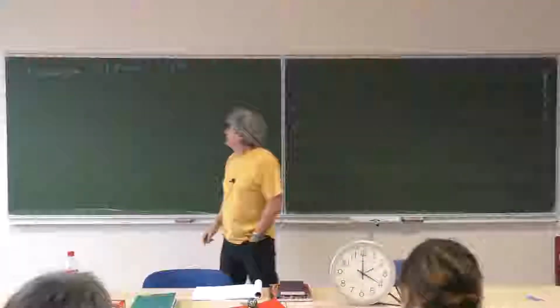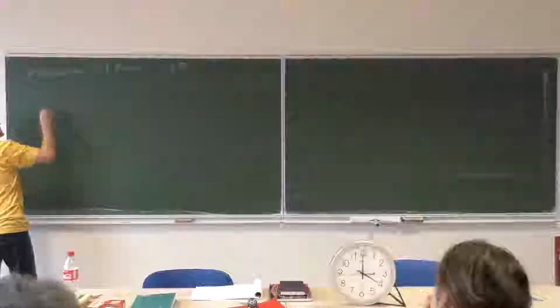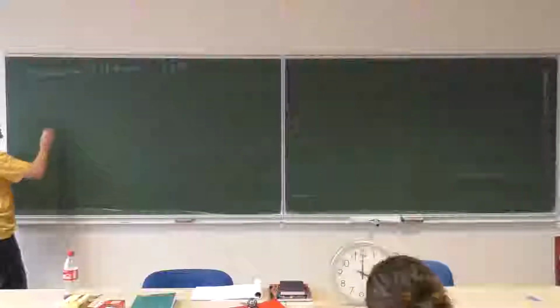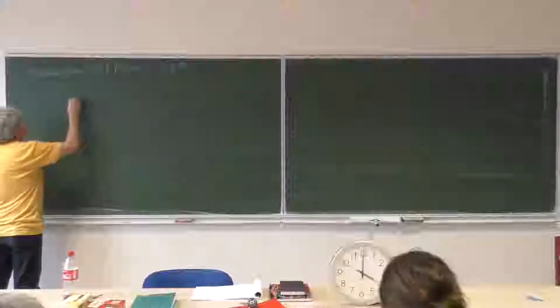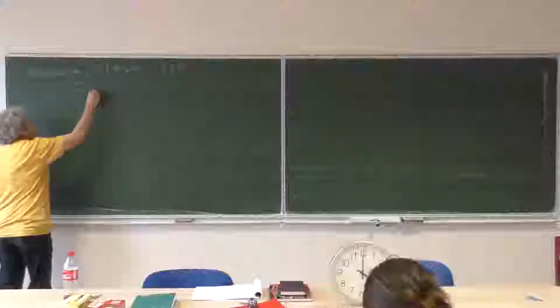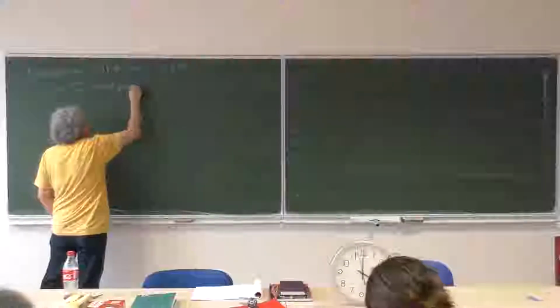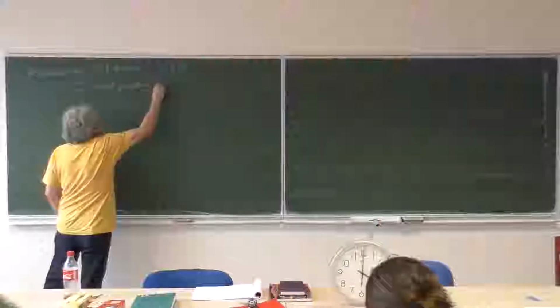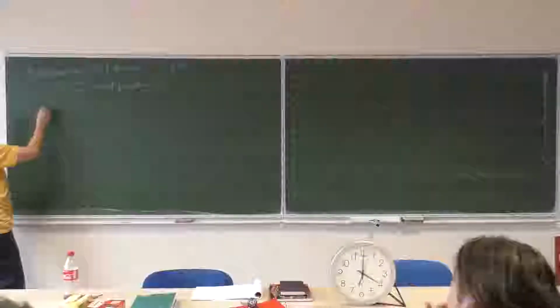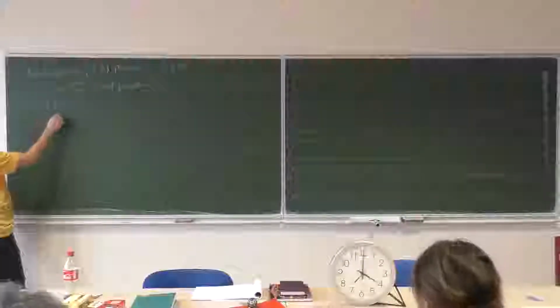T measures a clock, and we have a number of variables that describe what goes on. These variables, the set on which they vary, is called a configuration space, and the game of dynamics is to see how they vary in time.